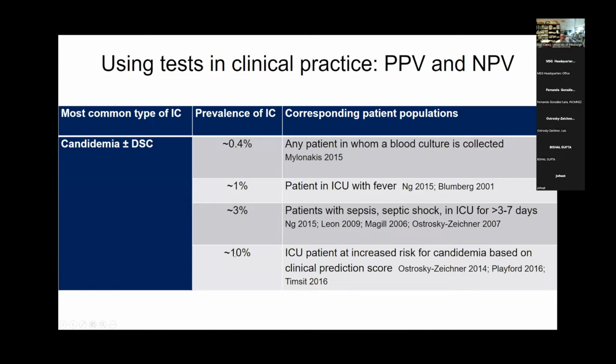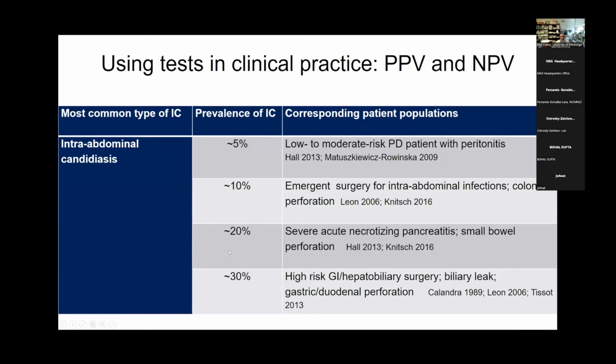And then if you use one of the prediction scores that are out there, such as Dr. Ostrowski's MSG prediction score, you might be able to get a pretest likelihood or prevalence of disease of about 10%. And similarly, among cohorts at risk for intra-abdominal candidiasis, you can go from low-risk groups such as peritoneal dialysis patients with peritonitis who will have about a 5% prevalence, all the way through high-risk gastrointestinal hepatobiliary surgery, biliary leak, gastric or duodenal perforation patients in whom the prevalence might be as high as 30%, and then intermediate groups as well.